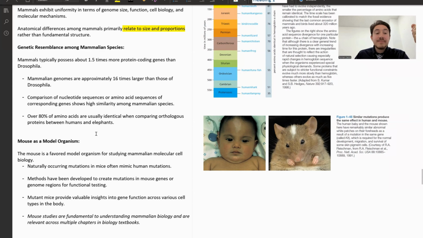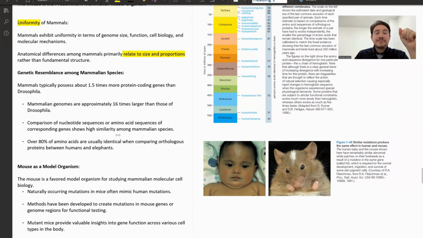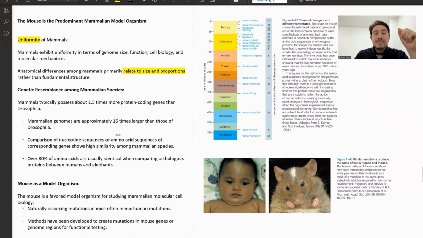Okay, high similarity. Over 80% of amino acids are usually identical when comparing orthologous proteins between humans and elephants. So the book is trying to portray this concept of similarity between mammals. Here you see a nice little panel.